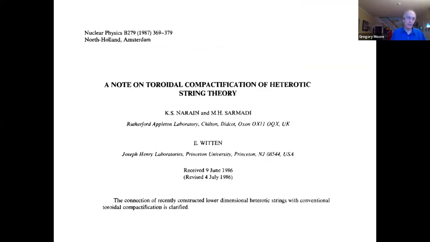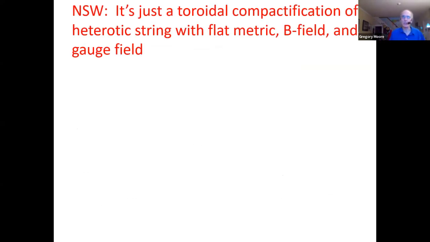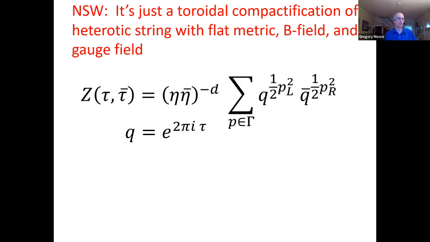This was interpreted by Narain, Sarmadi, and Witten as just toroidal compactification of the heterotic string with a flat metric, flat B field, and flat gauge field. And if you look at the partition function on the torus with modular parameter tau, so q is e to the 2 pi i tau, tau is the conformal parameter of the torus.